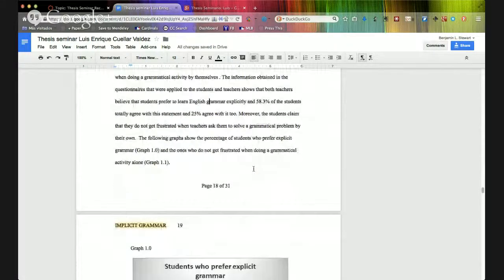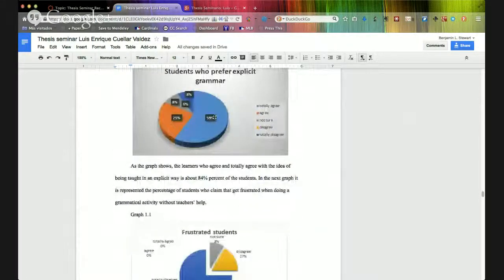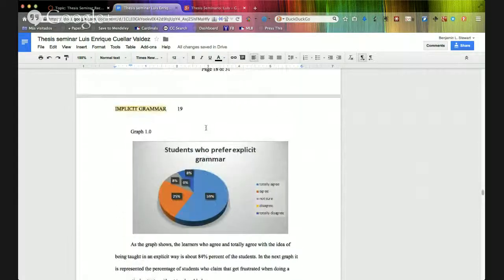Prefer. A menos que es necesario diferenciar o hablar sobre los alumnos que contestaron como totally agree versus agree, ¿verdad? Pero es más como agree versus que no están de acuerdo. ¿Verdad? Porque de hecho casi todos agree.